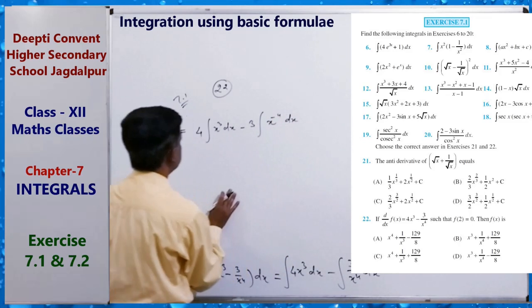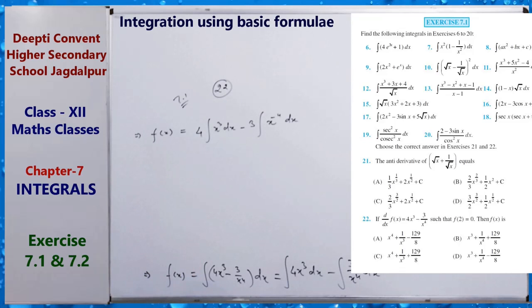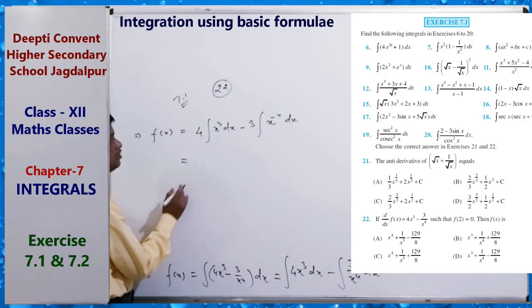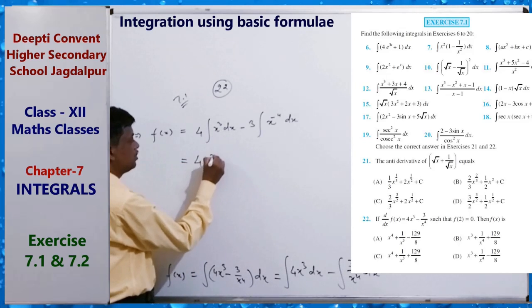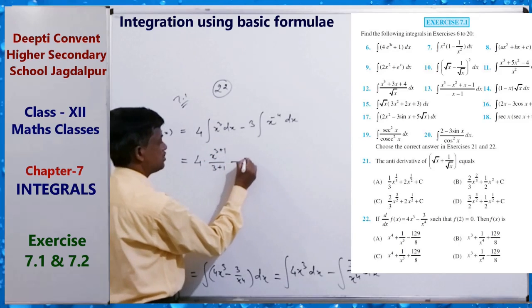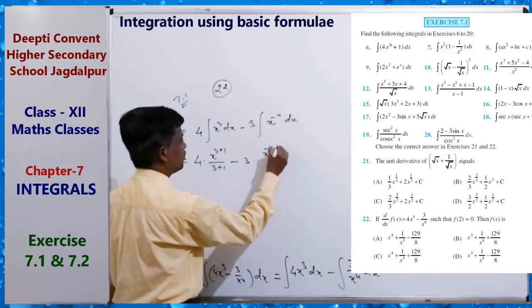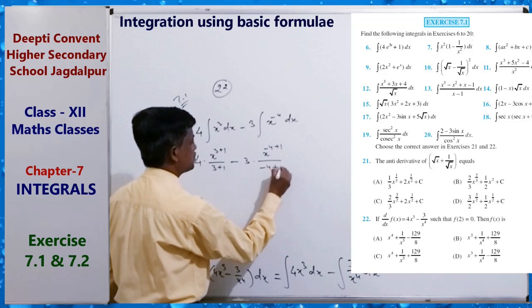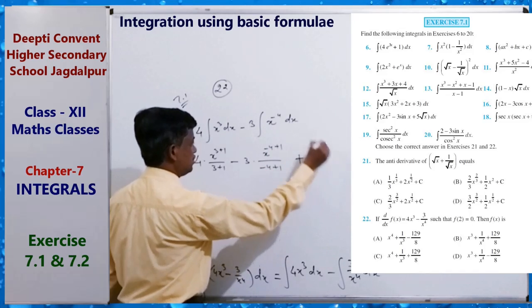Okay, so this equals 4 x to the power 3 plus 1 upon 3 plus 1, minus 3 x to the power minus 4 plus 1 upon minus 4 plus 1, plus c.